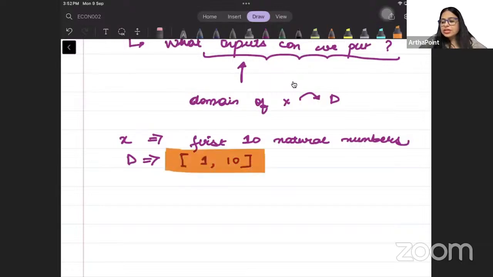X सिर्फ इनके अंदर का ही वैल्यू ले सकता है. It can only take values in this. समझ रहे हो? So the domain of X, what values X can take, will be from 1 to 10. Right? So this is the meaning of the domain. Clear? ठीक है.